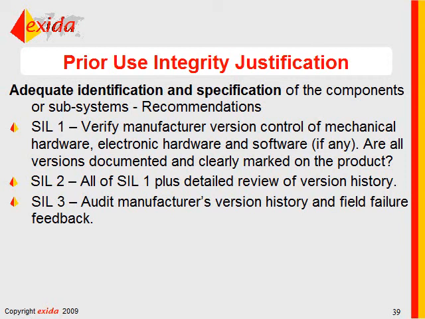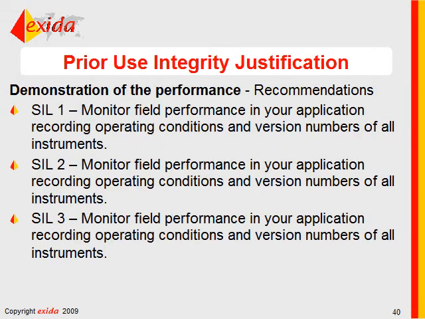For SIL 2, you should review the detailed engineering history of each part. And for SIL 3, it's recommended that you audit the manufacturer's version history and all field failure feedback.